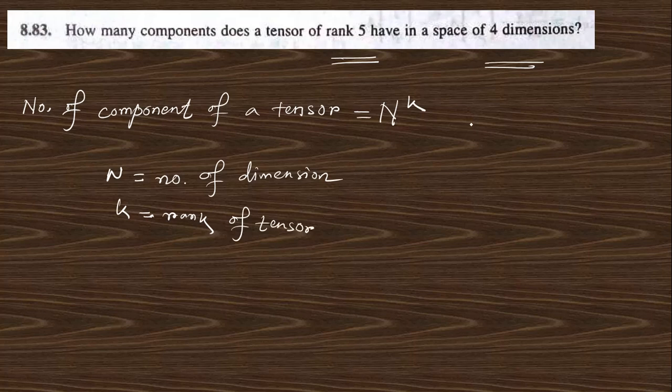So here the number of dimensions is 4 and the rank of the tensor is 5. So this will be 4 to the power 5.